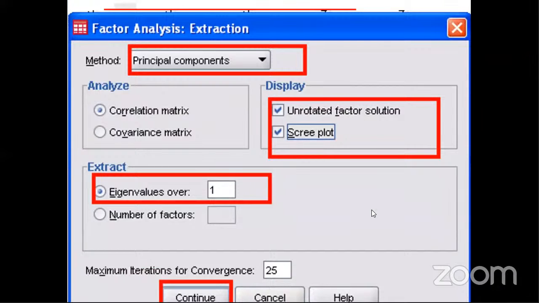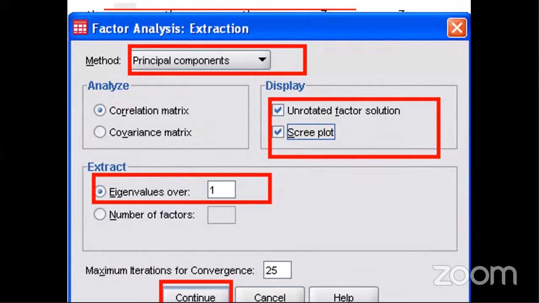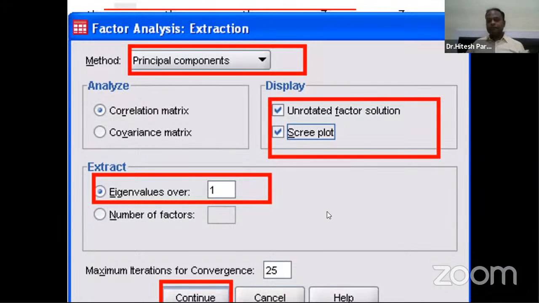There are two options: correlation and covariance. In this case, which one should we choose? By default correlation, we need not change it. If we choose covariance, will there be any change in the result? There is a slight difference between the covariance matrix and the correlation matrix.